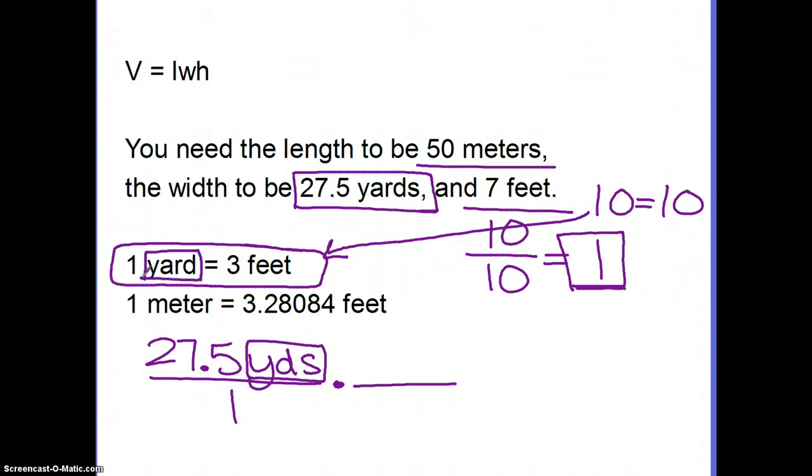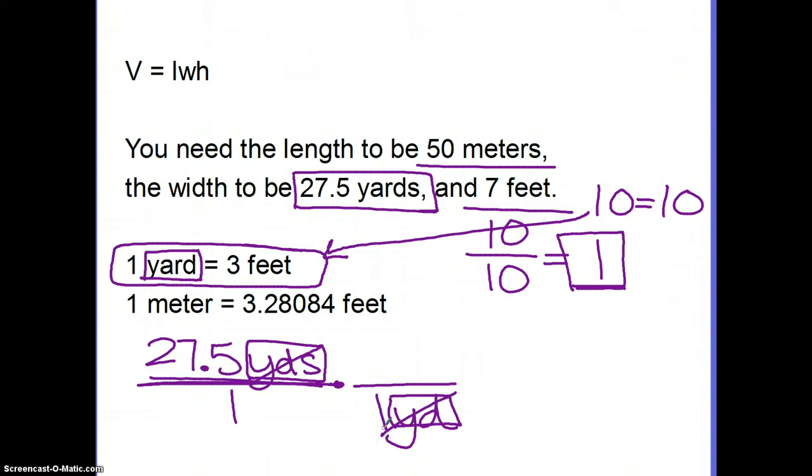Yards is what has to cancel out. So if we already have yards on the top, then we need yards on the bottom so that they cancel out. So we're going to put the 1 yard on the bottom, because yards over yards cancels out.